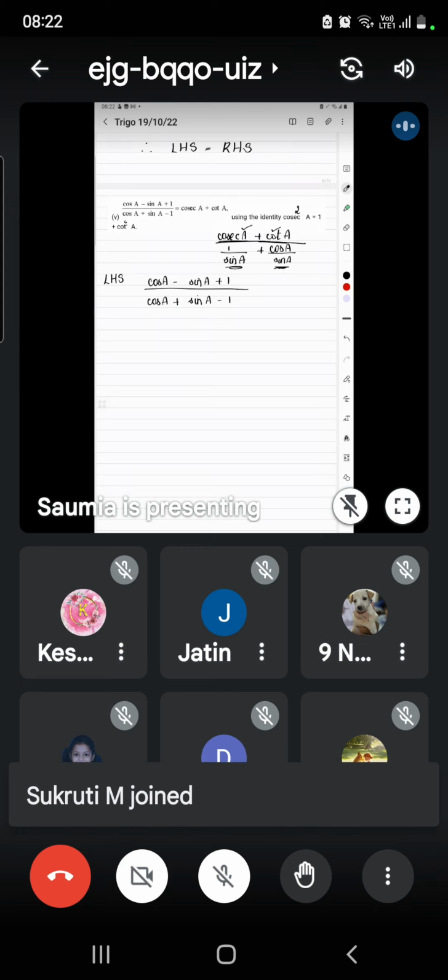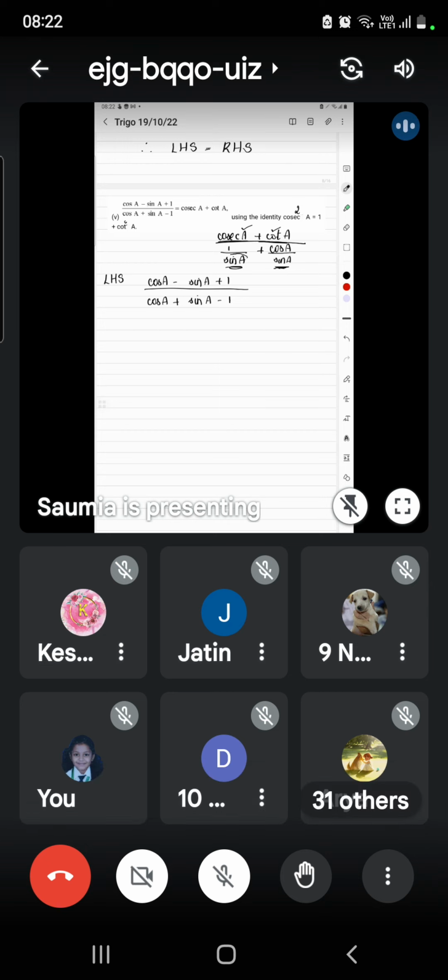So if I have to bring cosec and cot, I should have some denominator. And what is that denominator? Denominator should be sine. So what I do is, through the entire numerator, I put a denominator sine. I divide the whole numerator by sine. So I have to do the same with the denominator also. Otherwise, the value will change.